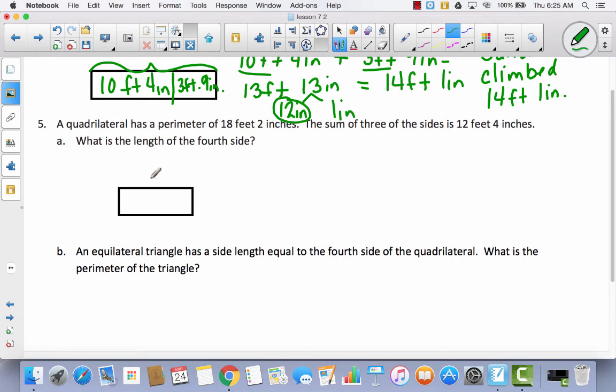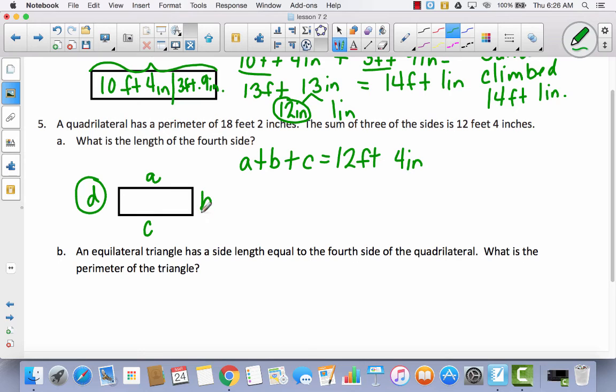I know that 3 of the sides have a sum of 12 feet, 4 inches. So that means, let's just say that this is side A, side B, side C, and side D. So I know that A plus B plus C equals 12 feet, 4 inches because it's perimeter, right? And I'm trying to figure out D.